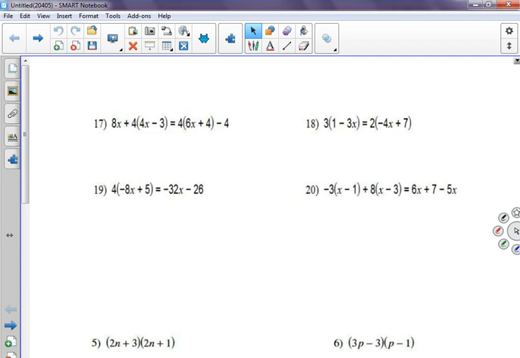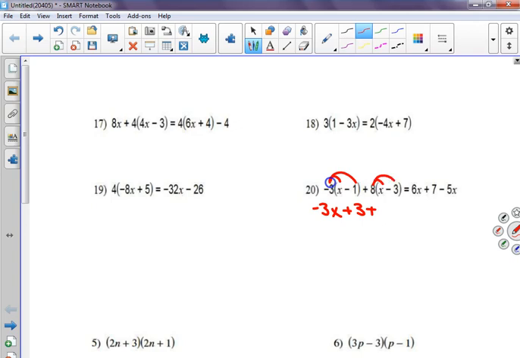We'll do number 20 here. Number 20. So we'll distribute my -3 to both terms. So we have -3x. Don't forget, -3 and -1 will give me a +3.